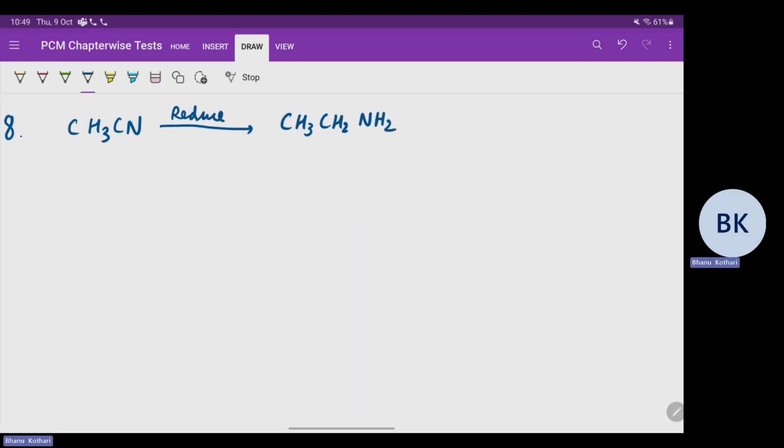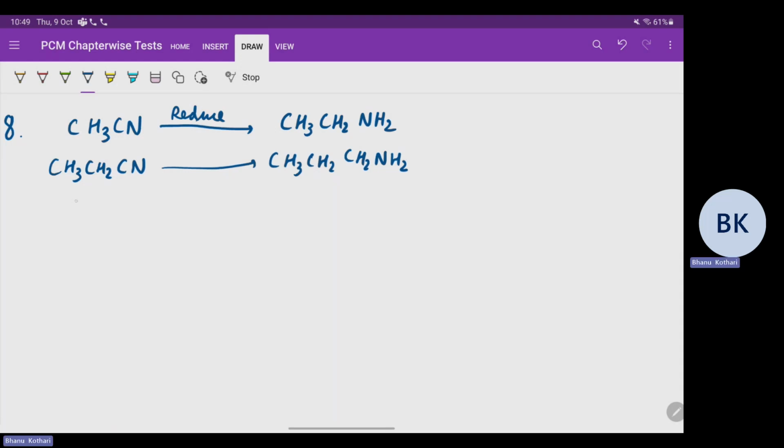This will give ethylamine, no problem. Ethyl nitrile, we have CH3CH2CN. When you reduce, you get CH3CH2CH2NH2. This is propylamine, not ethylamine. So this is not giving us the desired product.